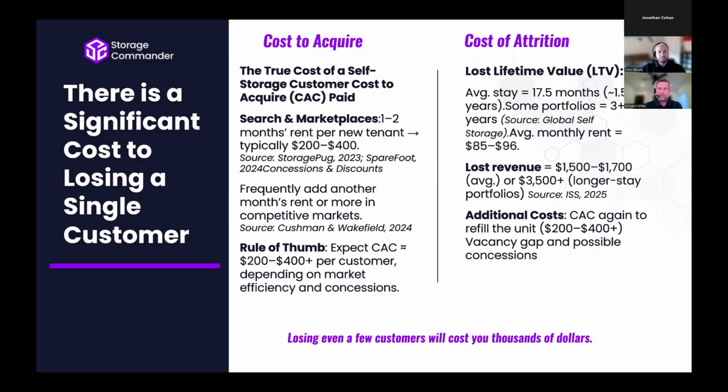And so why we think this topic is really important is, number one, losing even a few customers will clearly cost you thousands of dollars. But number two, just equally as important, if you're really looking at these signs and utilizing the tools that we talk about today, you may also be able to anticipate a customer that no matter what you do is going to vacate your property, and you can preemptively start to work on acquiring another customer.